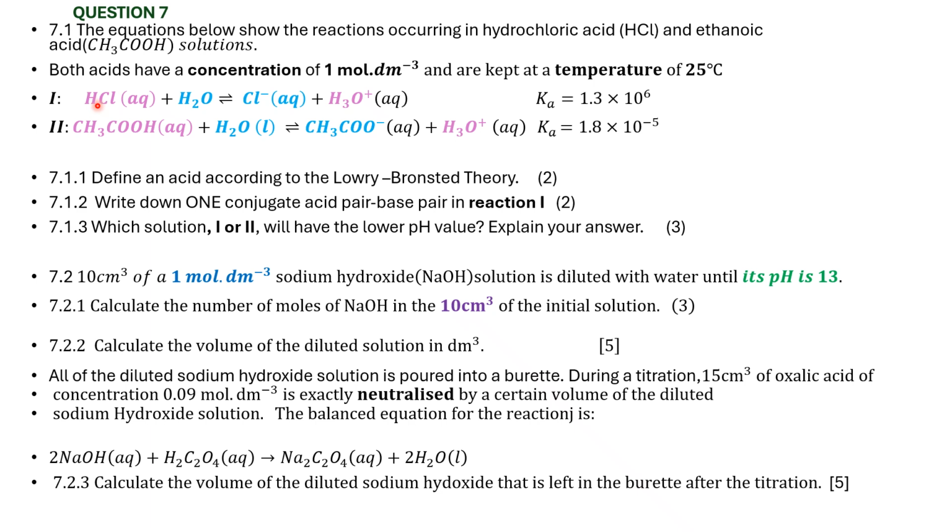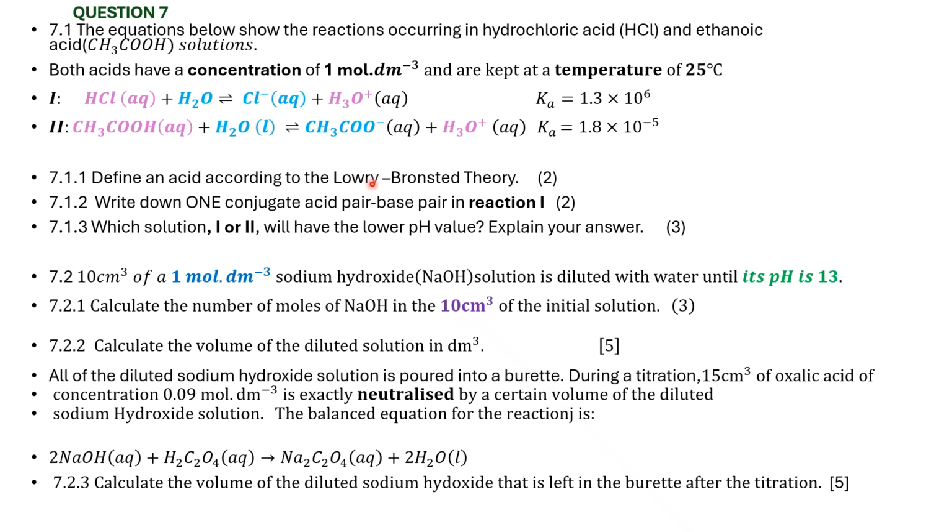So HCl, hydrochloric acid, reacts with water to form chloride and hydronium ions, H3O+, and the constant of that acid, Ka, was 1,3 times 10 to the power 6. Then we have ethanoic acid reacting with water. Ethanoic acid donates a hydrogen and forms hydronium ion, but its Ka is 1,8 times 10 to the negative 5. So this is lower than that.